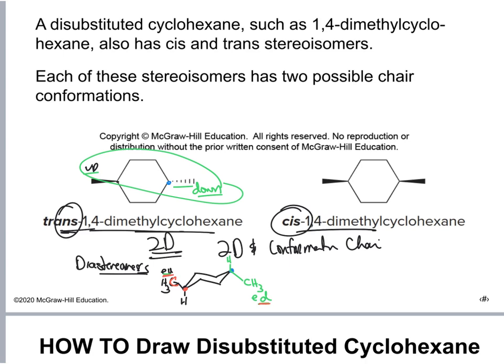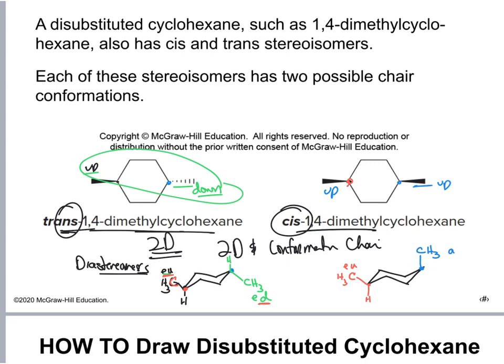Now, let's do this one. Okay, so here we have this one here. We can make that one up. There's your CH3. So it's equatorial up. And now we go to carbon number 4. And it has to be up as well. This is up, that's got to be up because they're on the same side.